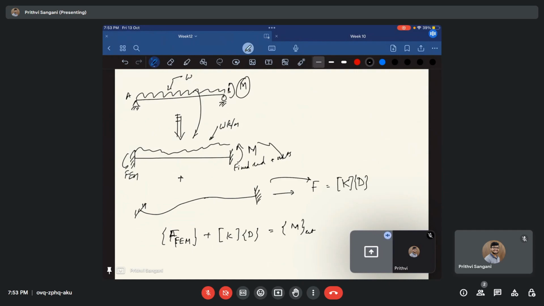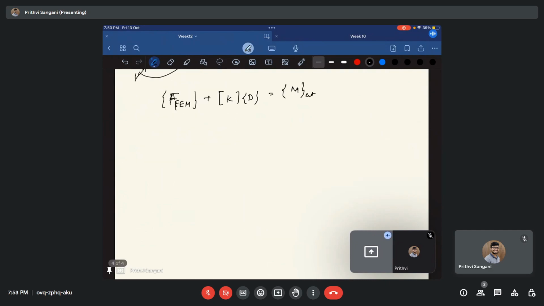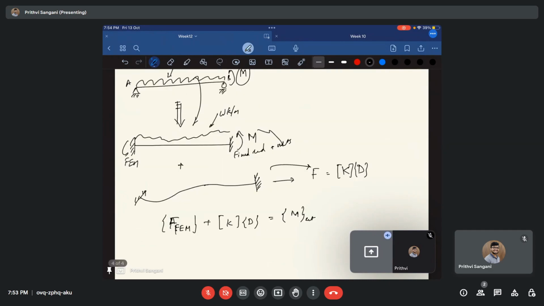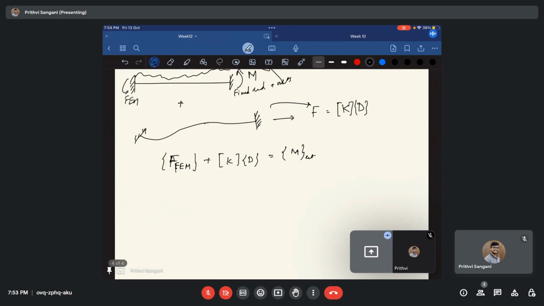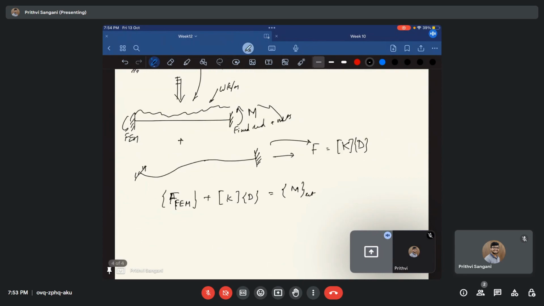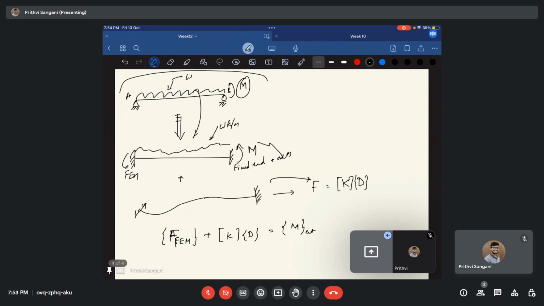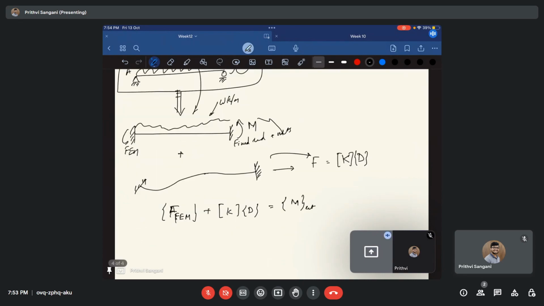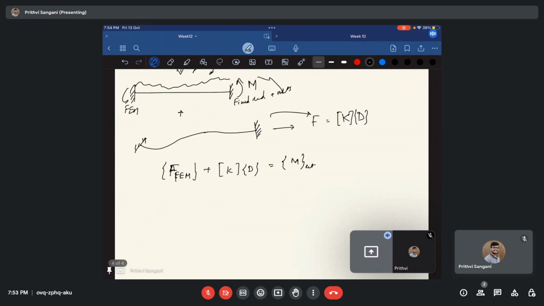So this is how we account for the loading coming onto the members. Just a quick recap. If we have external forces like an external UDL, we find the fixed end moments, which are one type of reaction forces.